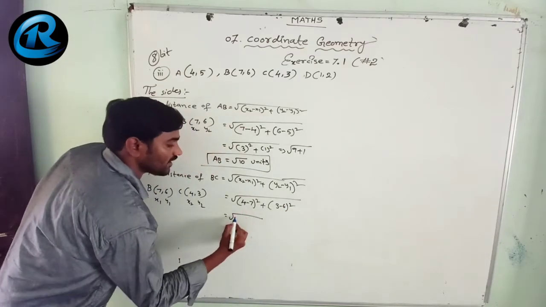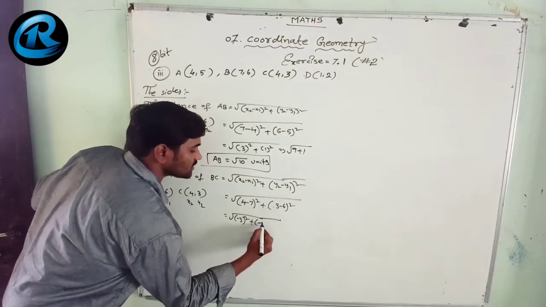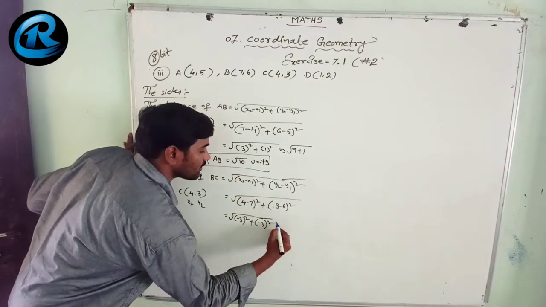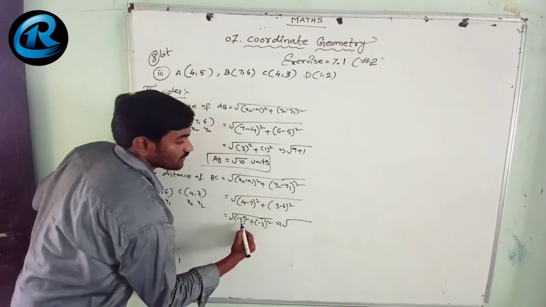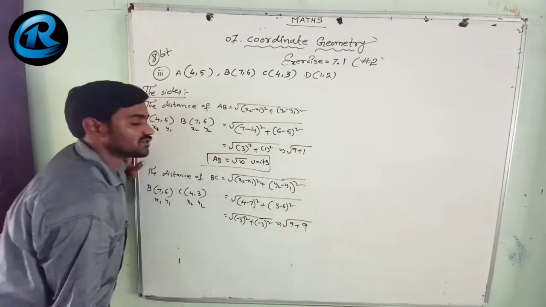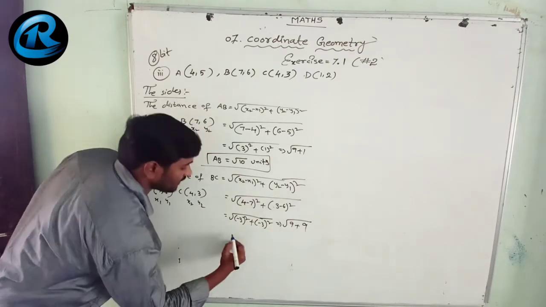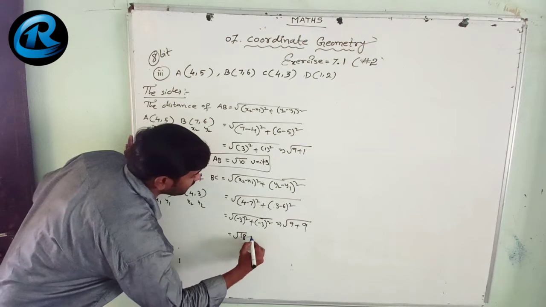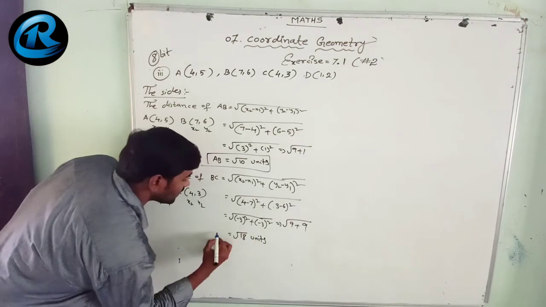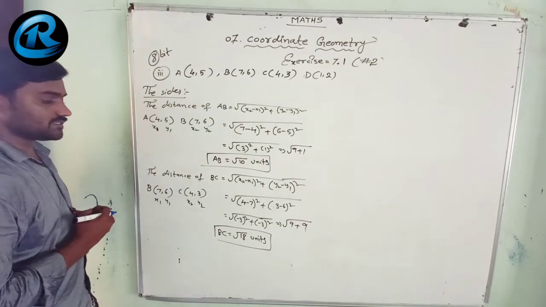That is 4 minus 7 is minus 3 whole square plus 3 minus 6 is minus 3 whole square. That equal to 9 and 9, that equal to root 18 units. That is BC. BC equal to root 18 units.